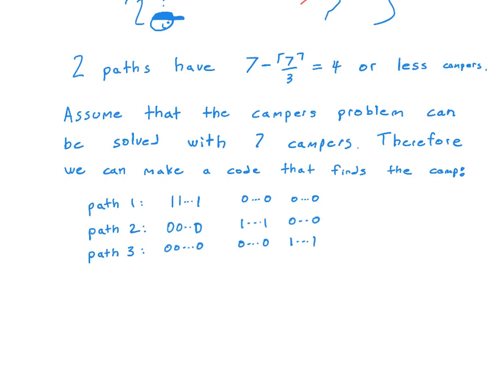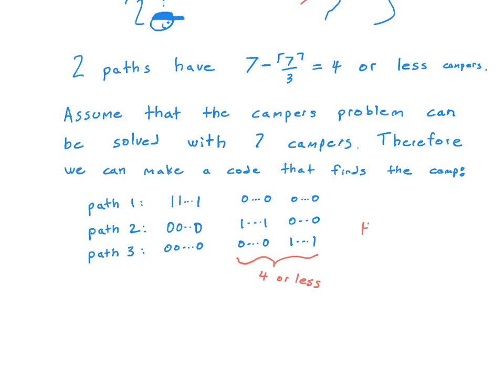We know that no matter what, 2 paths have to have 4 or less campers. So let's assign path 2 and 3 to be those paths. So this chunk, that amount, has to be 4 or less. Okay, now let's try to think about the minimum Hamming distance. Well, we don't know exactly how everything is distributed, but we do know between path 2 and 3 that there's 4 or less campers there.